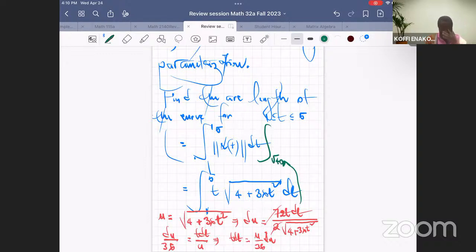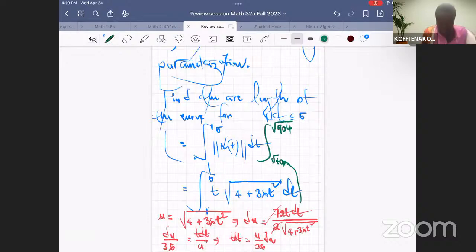And if t equals 5, it's 36 multiplied by 25, which is 3,600 divided by 4, so 900 plus 4 is the root of 904.